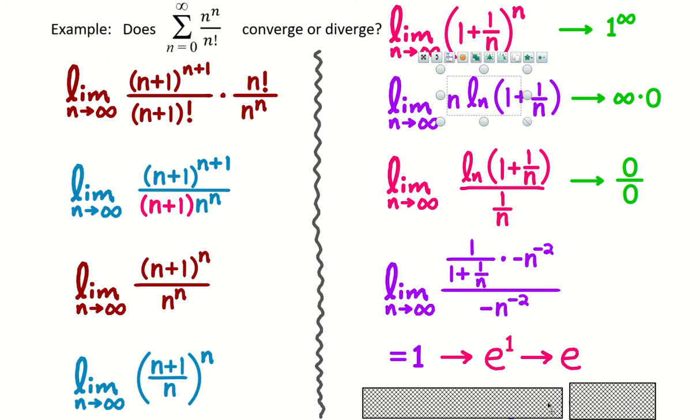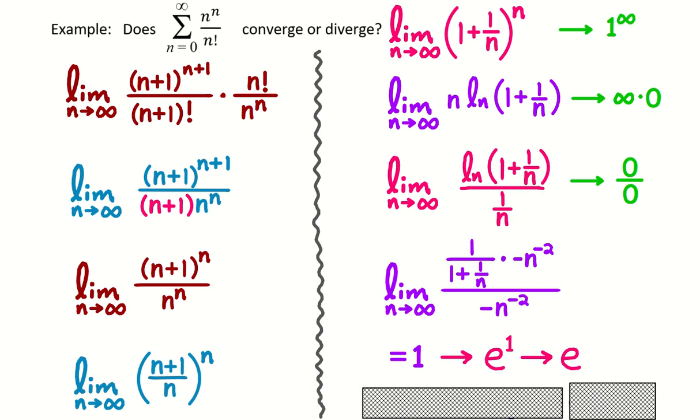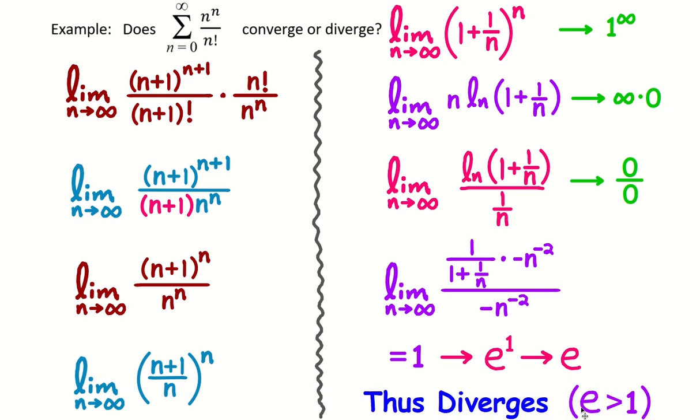Now what do we do? Remember, this whole time we were doing the ratio test. So e, we have to kind of go back and think about, is e less than 1, greater than 1, equal to 1? It's greater than 1, and so what our ratio test says is that this diverges.